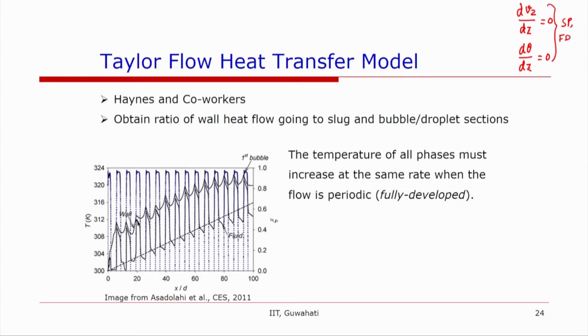If you look at two periodic locations and compare the velocity, they should be equal, then the flow has become fully periodic hydrodynamically. The model that we present here is based on Professor Brian Haynes and his students and collaborators, Professor David Fletcher.